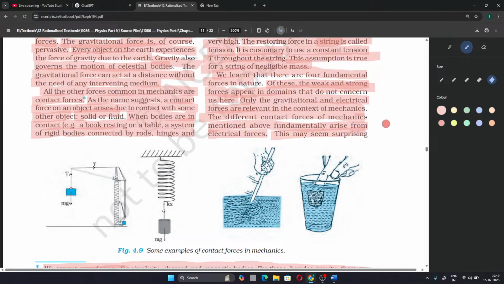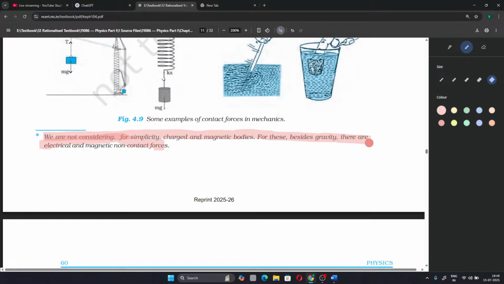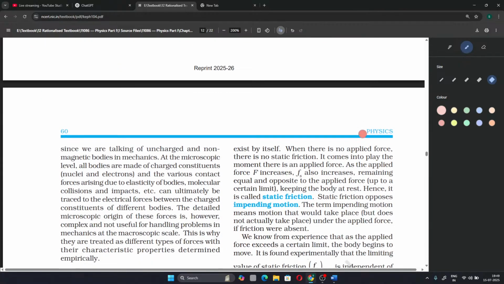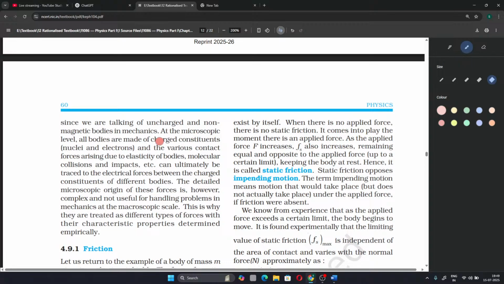This may seem surprising, since we are talking about uncharged and non-magnetic bodies in mechanics. So how do we have electrostatic repulsions? Atoms contain a positive nucleus and negative electrons.